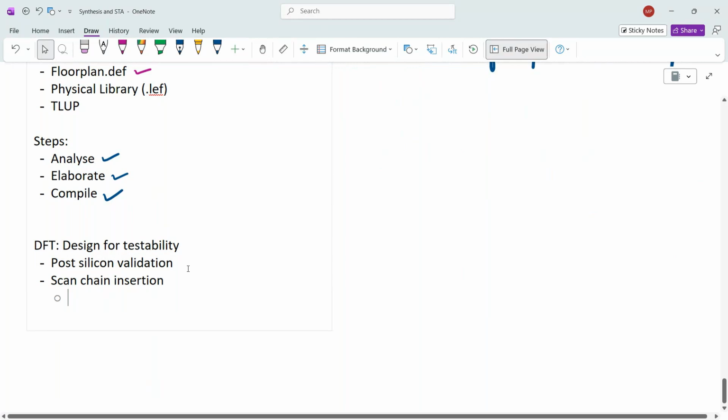It can happen in synthesis or in PNR, anything, right? What does it enable us to have? It enables us to have built-in self-test, right? And it is basically an automatic test pattern generation.